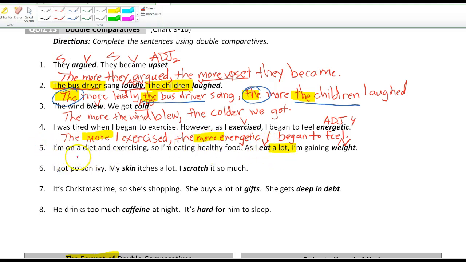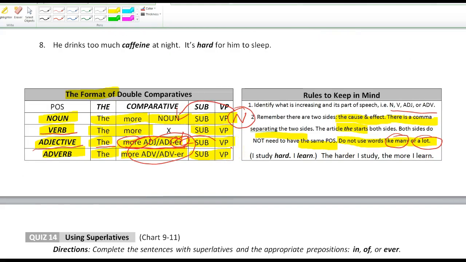We don't need as. We're starting with the. The more subject I eat, comma, I'm gaining a lot of weight. Okay, so this is noun format. Noun, remember, is the, more, the increasing noun, and then subject verb phrase.